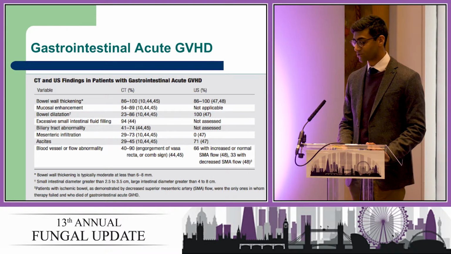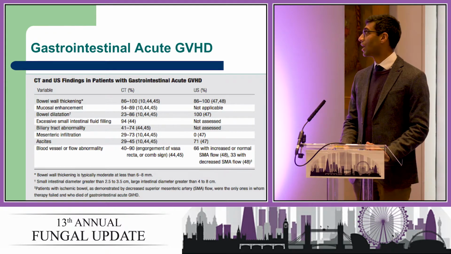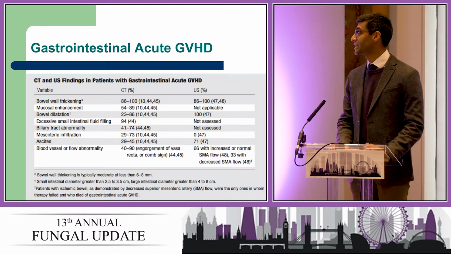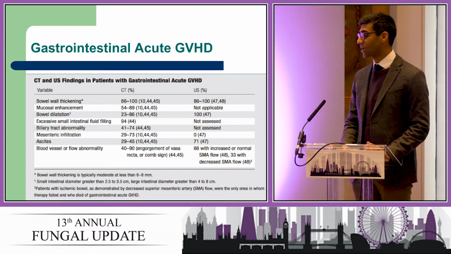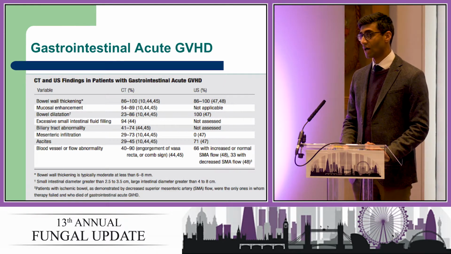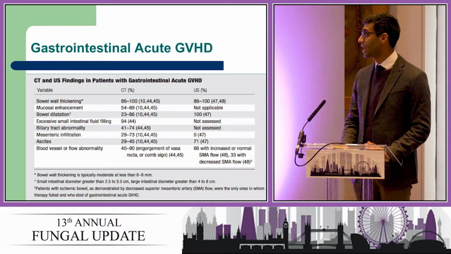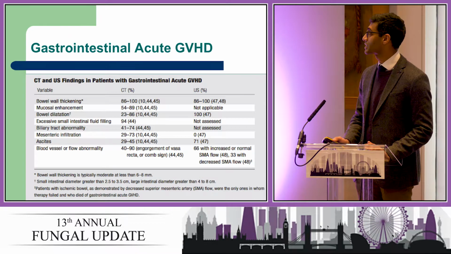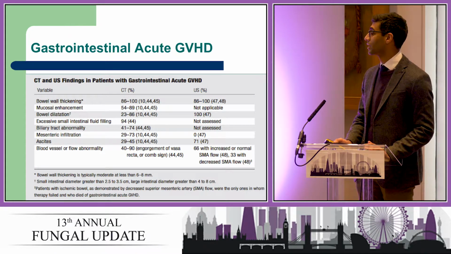In some places, ultrasound has been performed, but really CT, and the findings on CT, are a lot more sensitive and specific for diagnosing acute graft versus host disease. And the most common finding is that of bowel wall thickening.